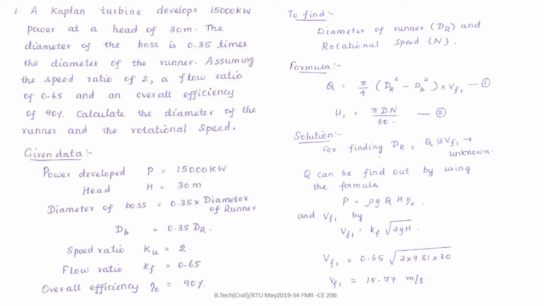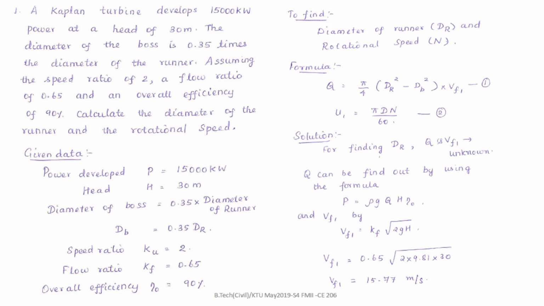So first we have to find the discharge. How to find discharge? P is equal to rho g Q into H into eta O. So power developed is equal to rho g into Q into H into eta O. Now see, here P is the known value, rho g we all know, head is known, and eta O is also given in the problem.